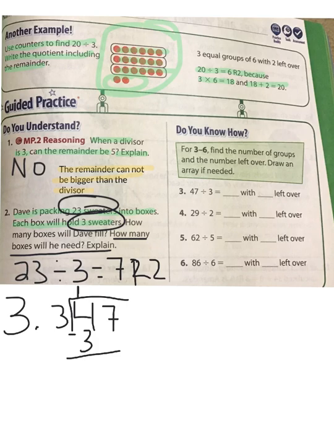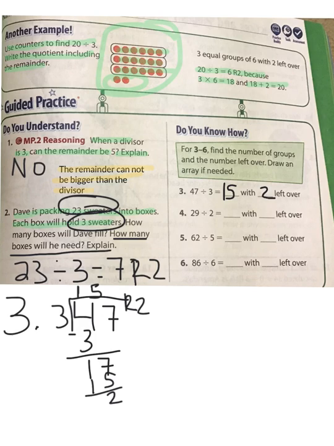So 4 minus 3 is 1, and then we're going to bring down our 7. Next, we're going to start all over again, and we're going to divide. How many times does 3 go into 17? The answer is 5. 3 times 5 is 15. We get a difference of 2 or a remainder of 2. So our answer is 15 with 2 left over.